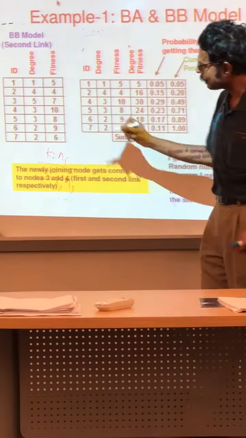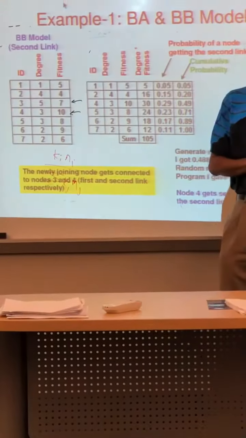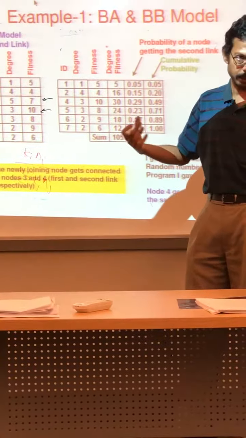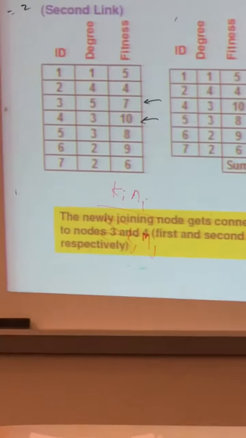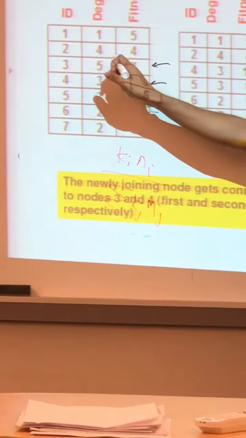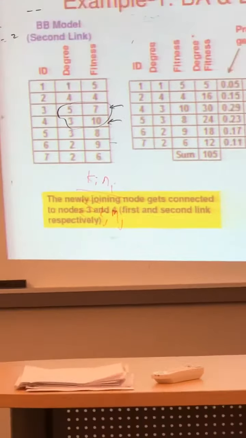Now if you look at the numbers here, nodes 3 and 4 have reasonably larger fitness compared to the other nodes, and that has a say in those two nodes being chosen. Of course, you also have some other larger fitness values, but those have a larger fitness as well as a larger degree. So it is the combination of degree and fitness.